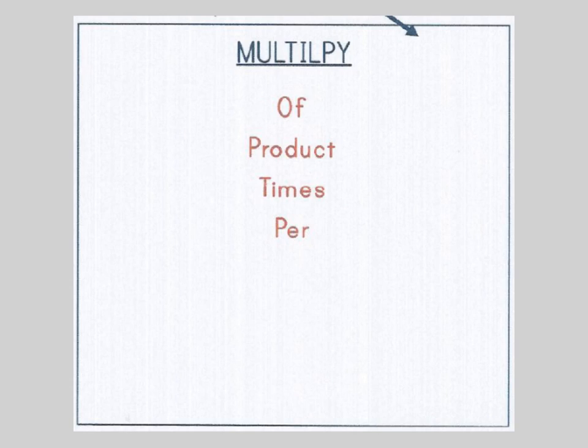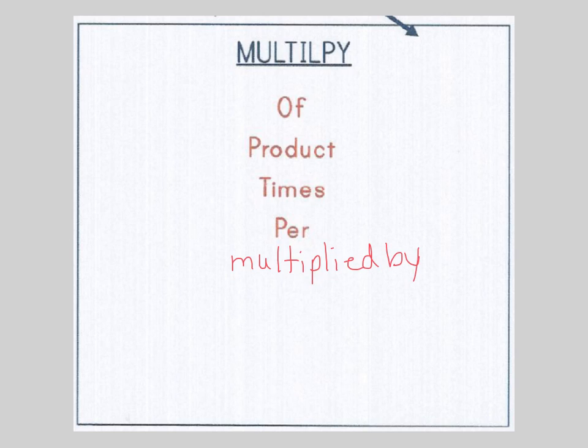Last but not least, multiply. You should have of, product, times, per. We're going to add multiplied by.